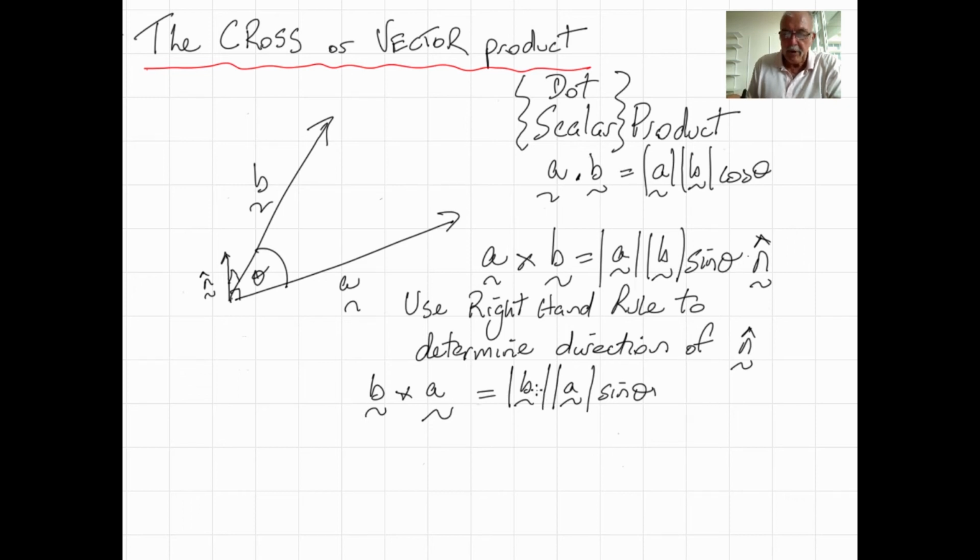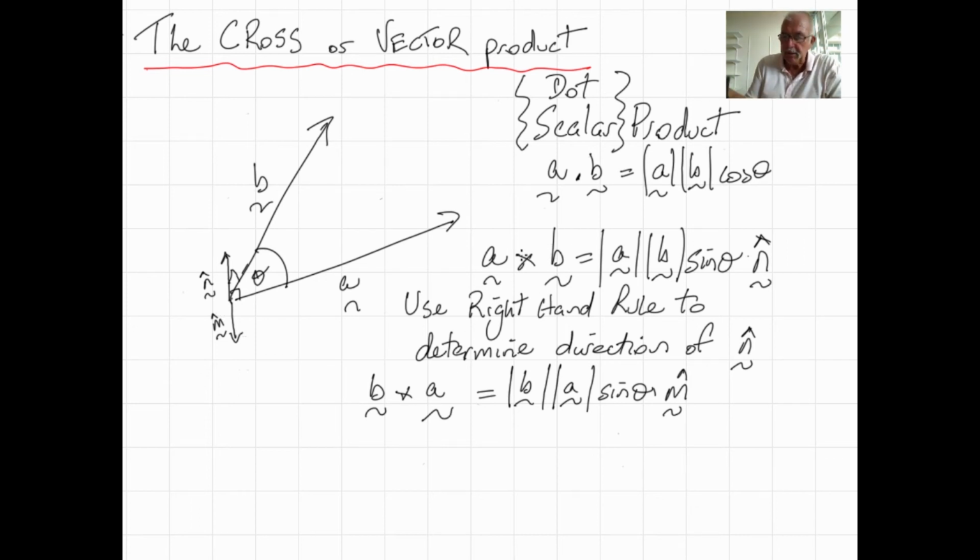Now, if we use the right hand rule again, my fingers will be pointing out in that direction. I curl my hand so the fingers point around in the A direction, and my thumb is actually going to point into the page. So we'll call it unit vector M. Unit vector M will go in the opposite direction.